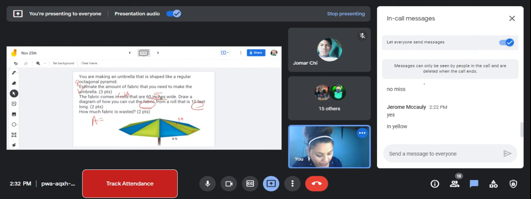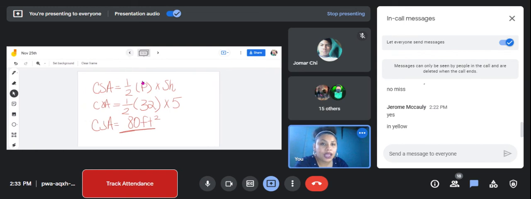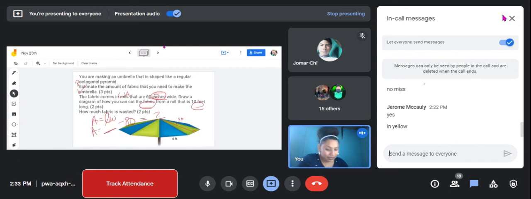You're going to find the area of that using length times width. And whatever your answer is, you are going to subtract it from 80, and that is going to give you your final answer. From this 80 over here. Is it clear what you guys are going to be doing? Yes, Miss.